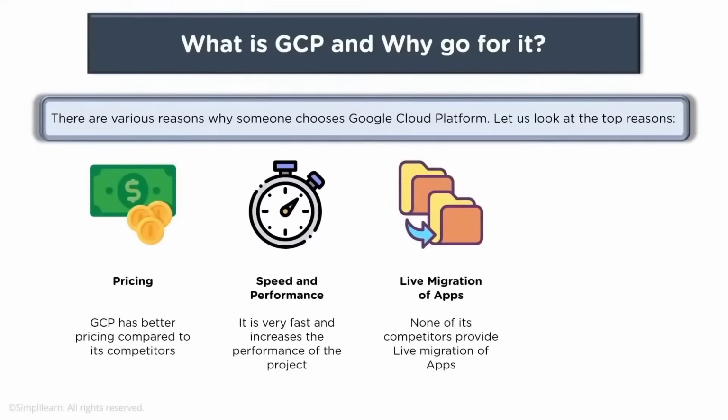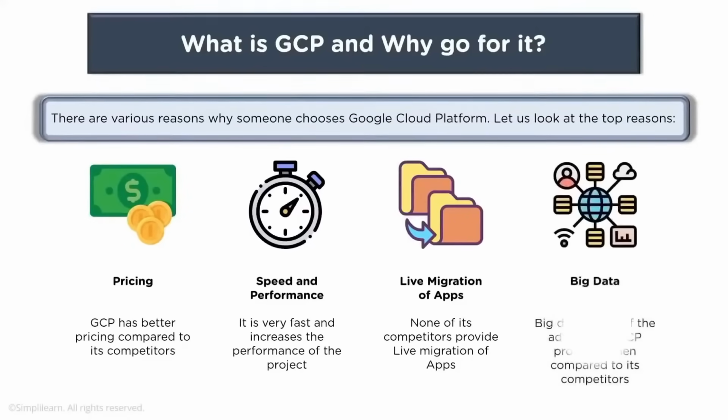For example, with Compute Engine, there is a feature called live migration, wherein your instances which are running applications would be migrated during, say, maintenance from one underlying host to another underlying host without affecting your application's performance. And you can benefit from that.